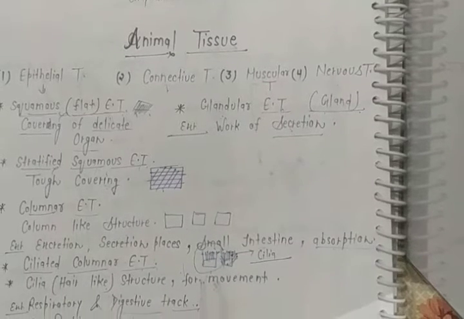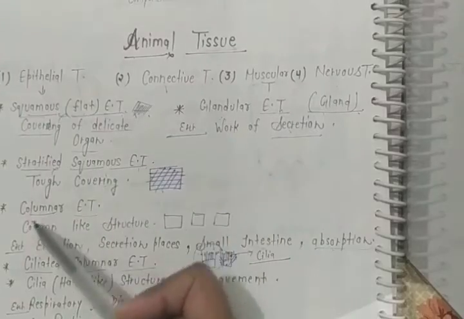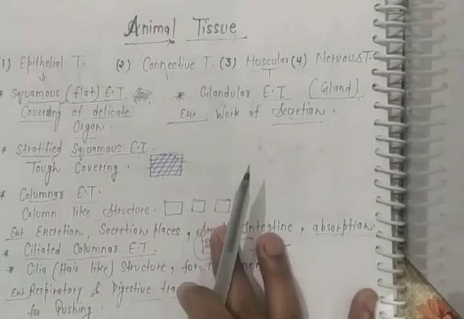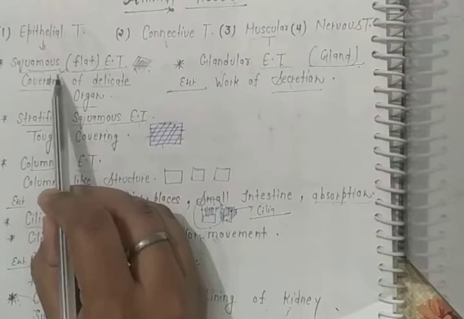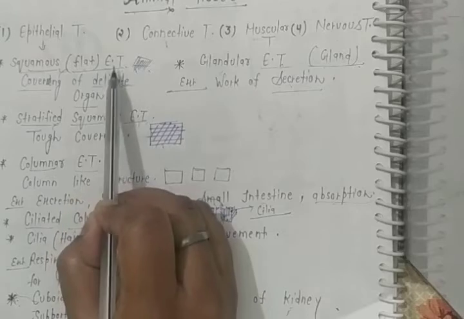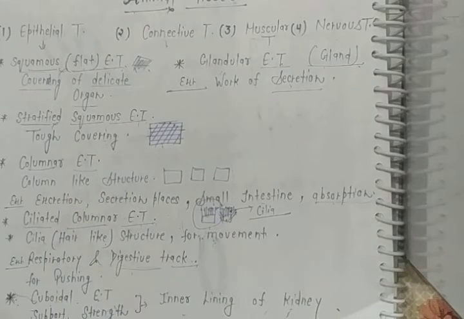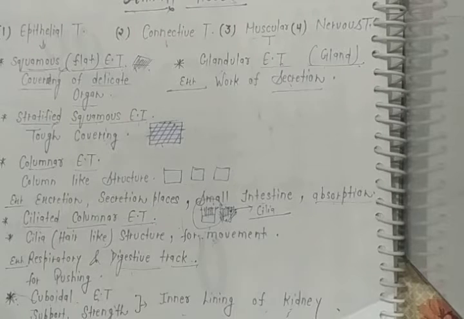Firstly, if I tell you about epithelial tissue, there are several types of epithelial tissue. All of you can easily see. Firstly, we will discuss squamous epithelial tissue. It is a subpart of epithelial tissue, and normally it is known as flat tissue, because it makes a very thin covering over delicate organs, such as the inner lining of our buccal cavity.